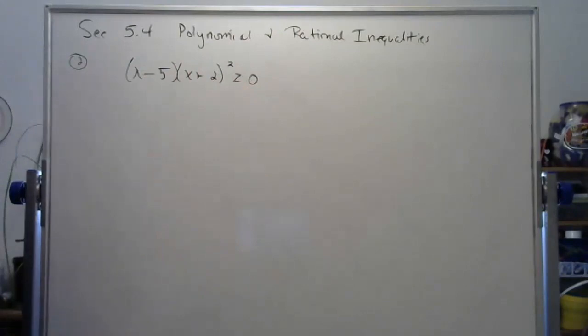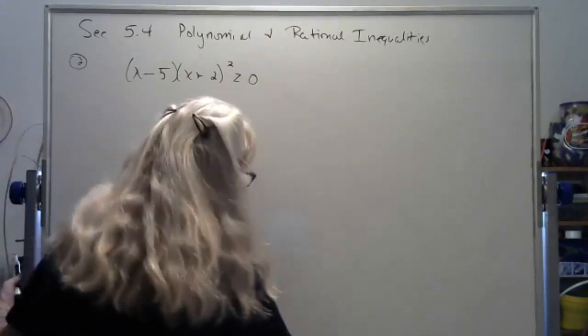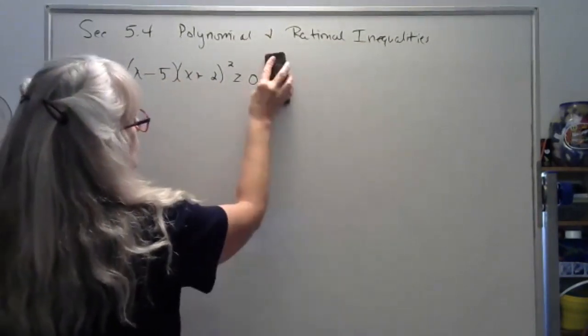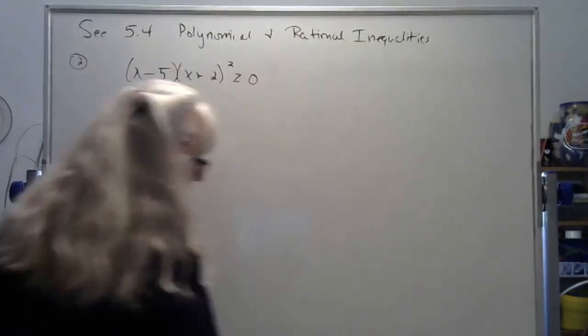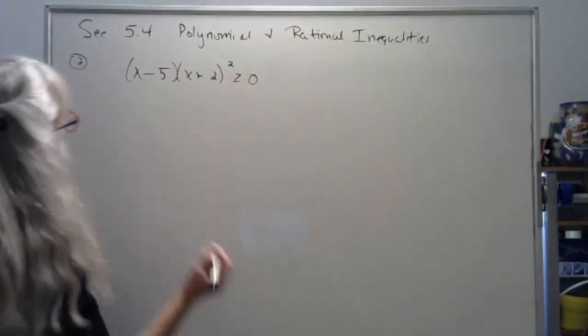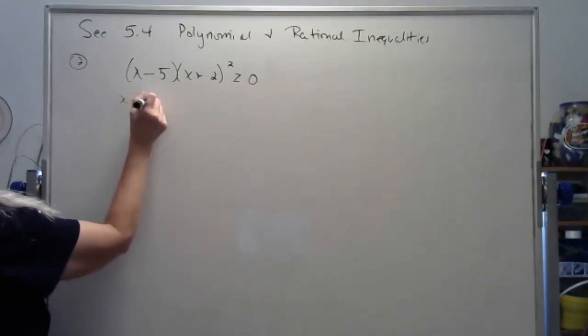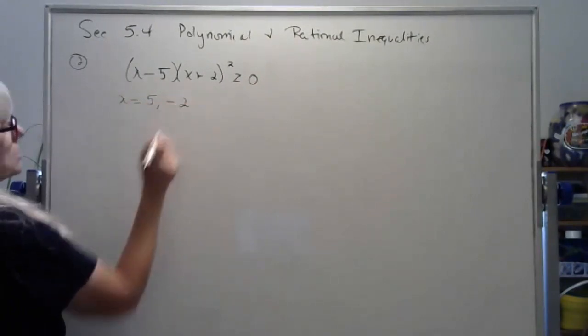So the first thing we're going to do is identify our boundary numbers. That's our x-intercepts. Those are the places where the graph could change signs. So those numbers are going to be 5 and -2.